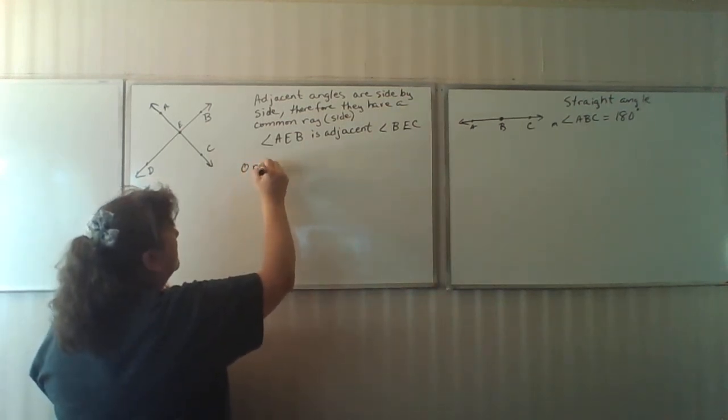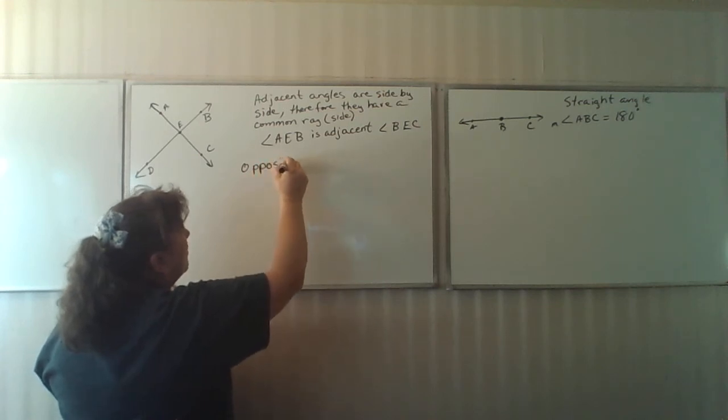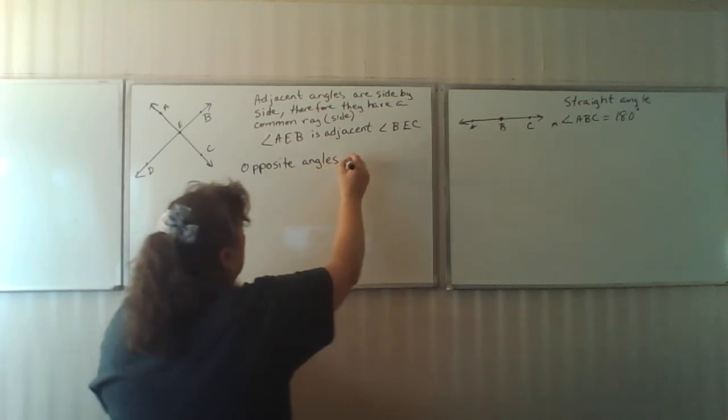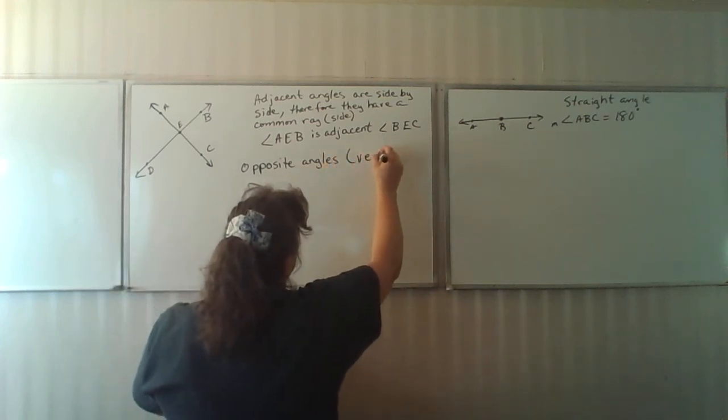Opposite angles. And another word for opposite angles is vertical angles.